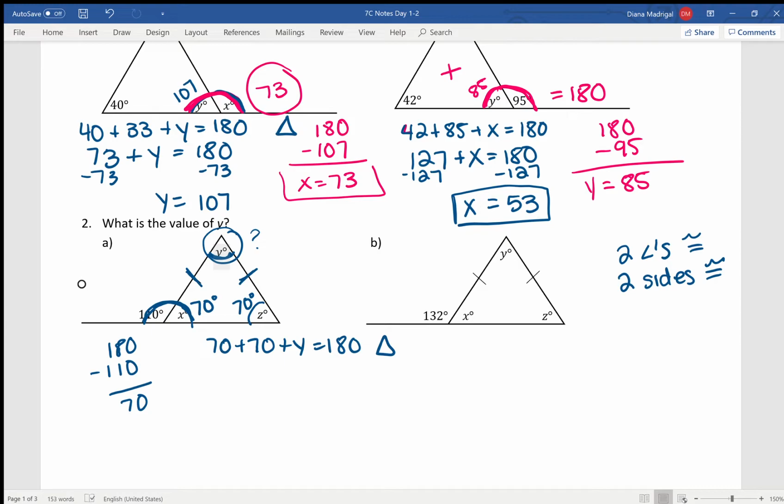You add like terms, we've been doing this, nothing new. So 140 plus y equals 180. Then you subtract from both sides and y gives you 40. This is my answer. Y is 40.